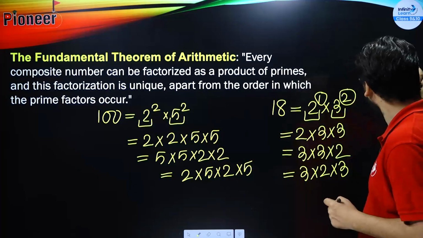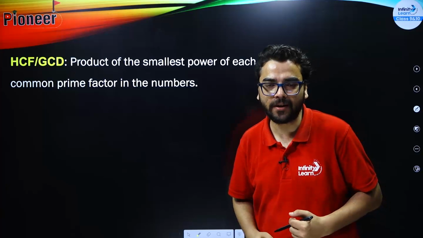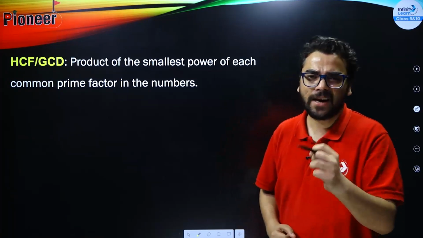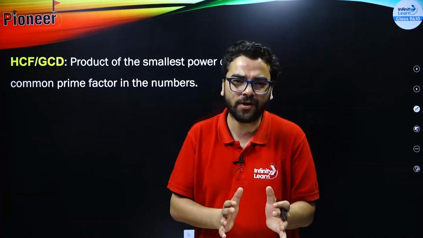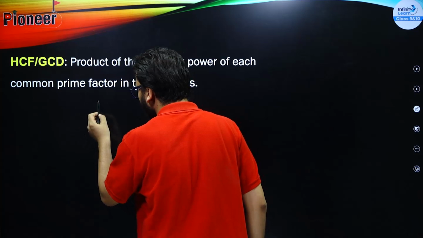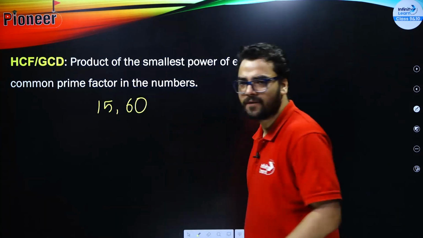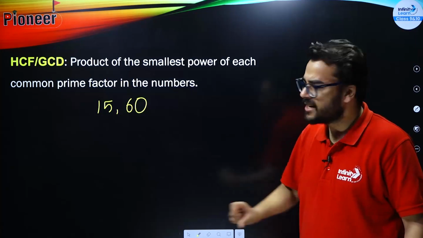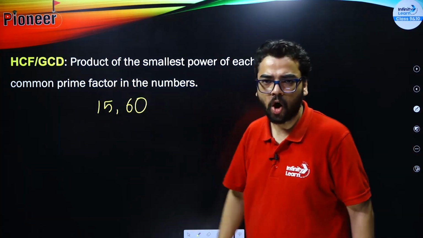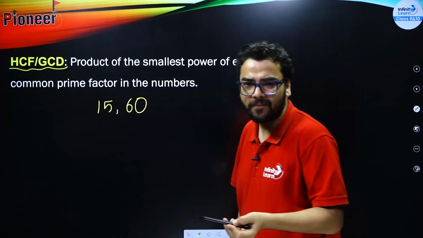Now, we have got the concept of HCF, the highest common factor or the greatest common divisor. First I'll explain HCF using a simple question. For example, if I ask what is the HCF of 15 and 60, can you tell that? HCF of 15 and 60. Understand from the definition, highest common factor or the greatest common divisor. What does it mean?